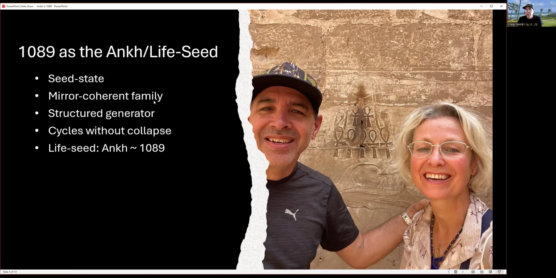I'm going to say it's a structure generator, 1089. You will see that it can go through iterated mirror subtraction, but you cannot remove the full asymmetry. It will not collapse. And I think the live seed, the Ankh, is being represented in ancient Egypt, corresponding to this 1089. Did you catch that?